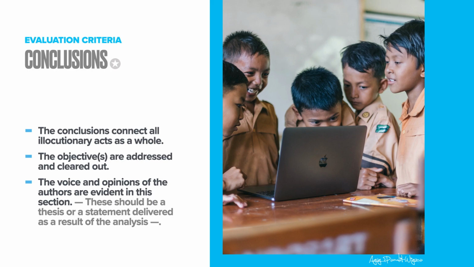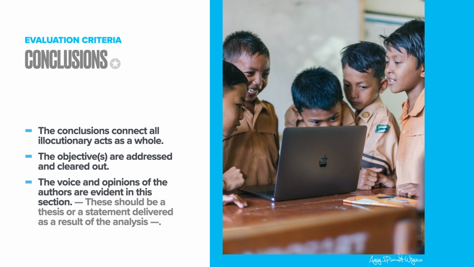Those should probably be a thesis or a statement that you deliver by the end of the results of the whole project. It is probably one of the last sections in which you are capable of explaining your point, providing your viewpoint, and not sticking very rigidly to what you identified in the locutionary act.